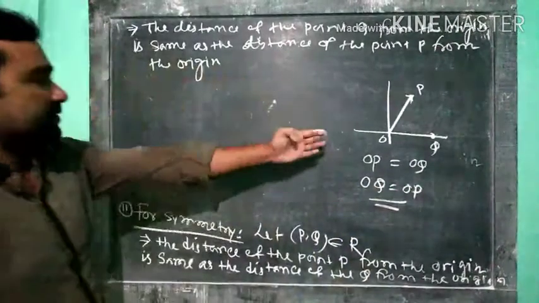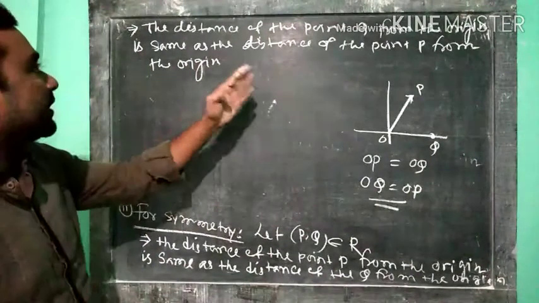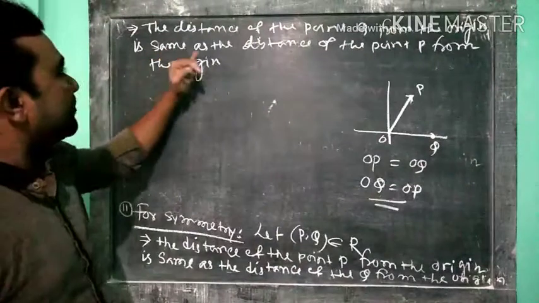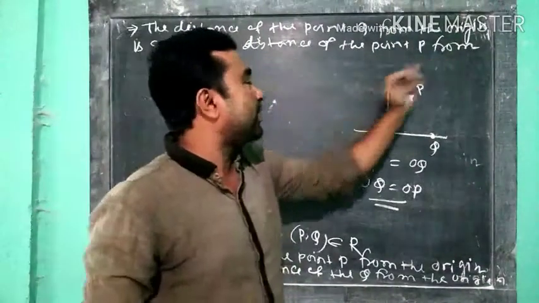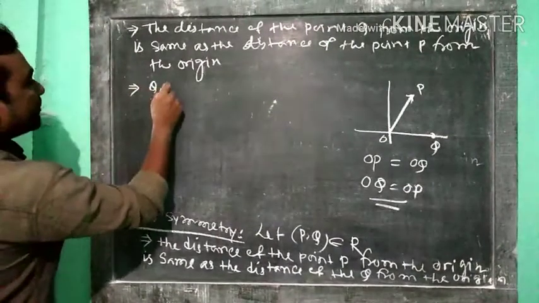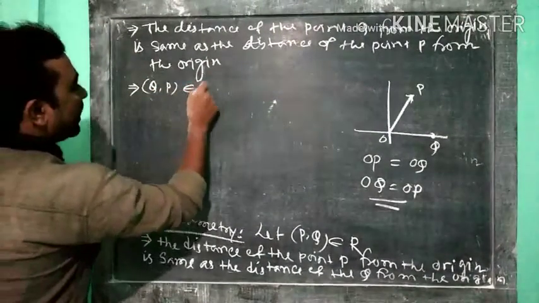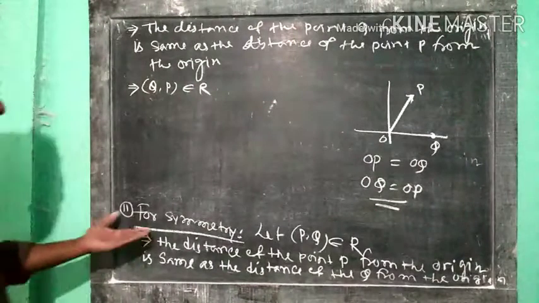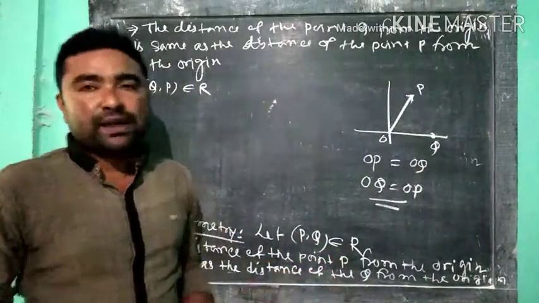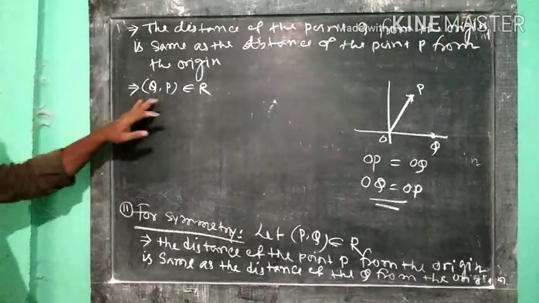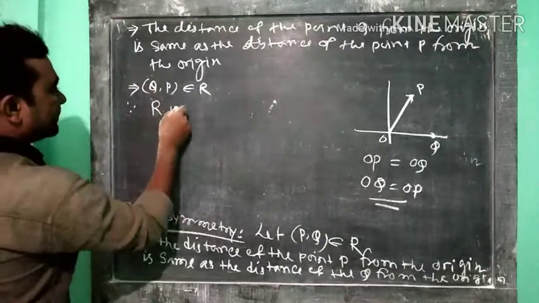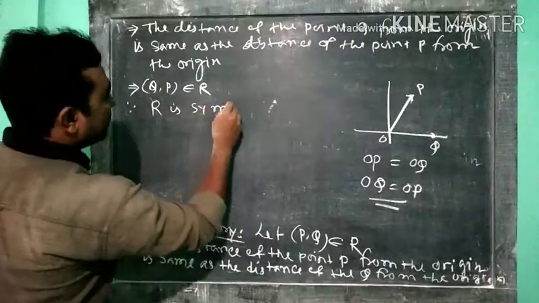So in this way we can say that the distance of the point Q from the origin is the same as the distance of the point P from the origin. So that implies that (Q, P) also belongs to R. So first we take 2 elements (P, Q) from R, and now we get (Q, P) also belongs to R. Therefore R is symmetric.